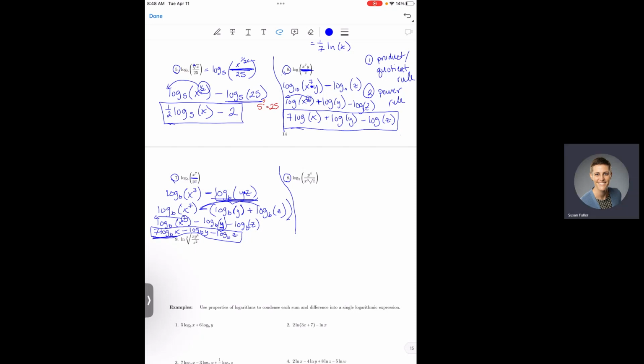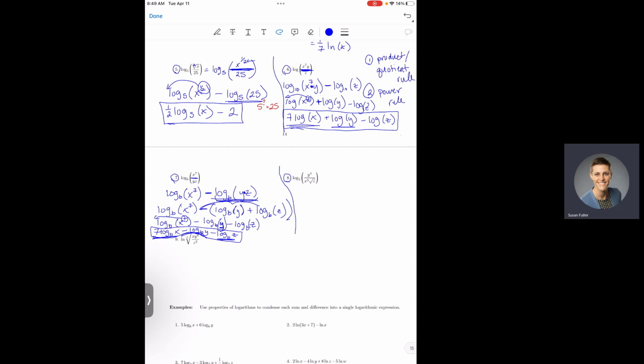And notice both y and z were in the bottom here. Both of their logarithms were negative. That's not a fluke. That's a thing. Anything that comes from the top should have a positive logarithm, just like it did up here. Both the x to the 7th and the y came from the top. Their logs were positive.